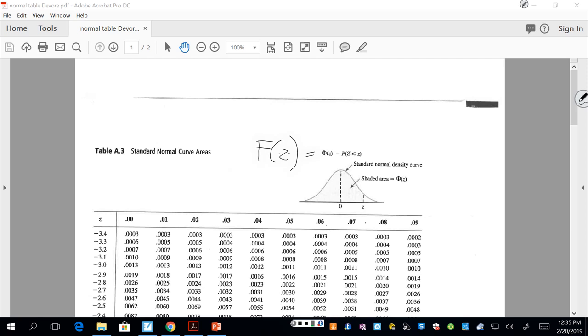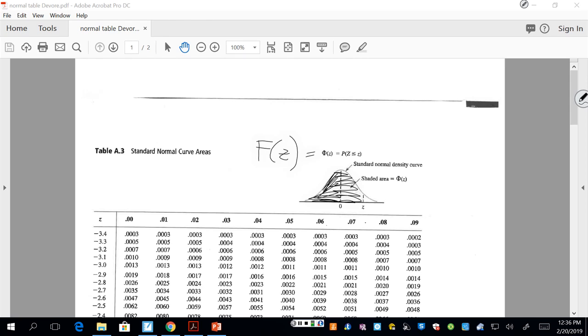This is the standard normal density curve, and the shaded area it gives is below a value of Z, all the way over here. In the book it shows up as shaded, but when I copied and scanned it, it didn't show up. For every value of Z here, we want a probability.